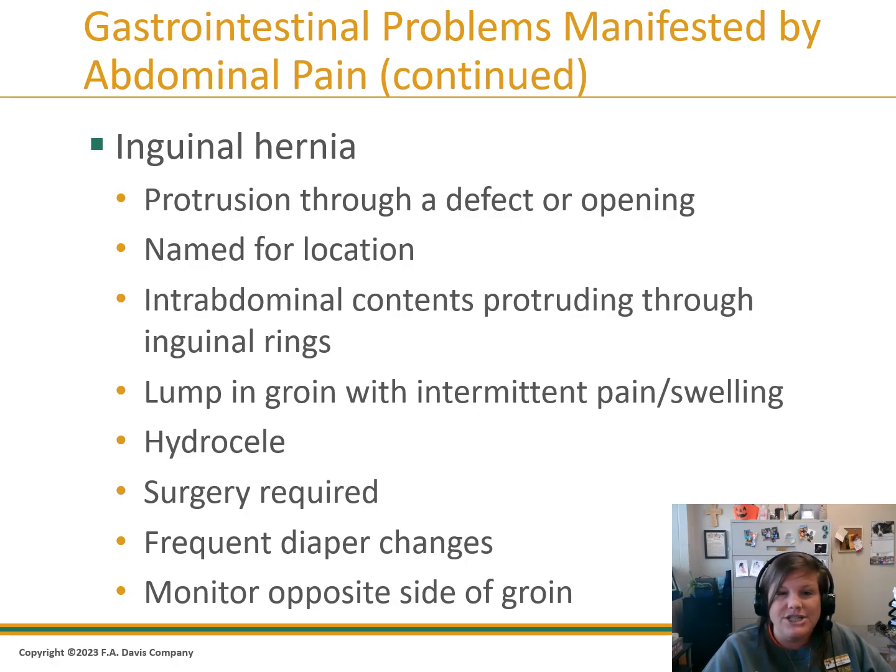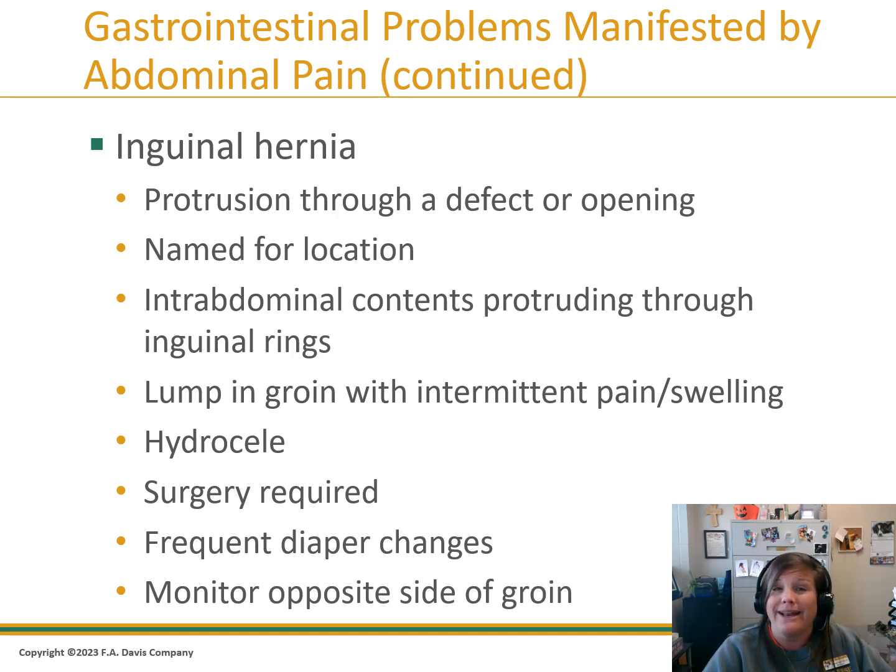So, we'll teach in this content specifically inguinal, but there's also umbilical hernias, which means it happens in the umbilicus region. Very common, especially in our infants and toddlers, usually harmless, benign, if you will. It typically resolves on its own over time, and there's some ways in which we encourage assessing that for any kind of complication.